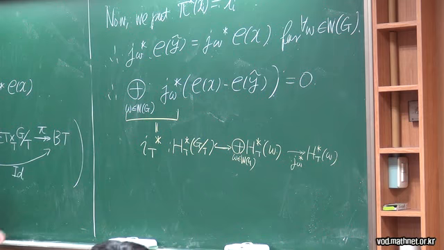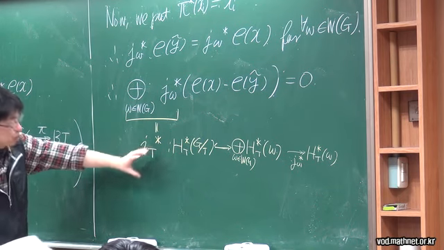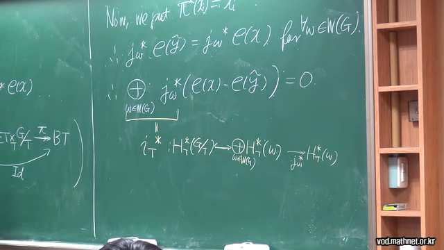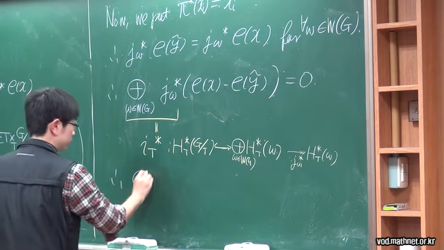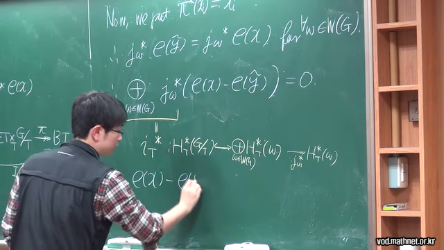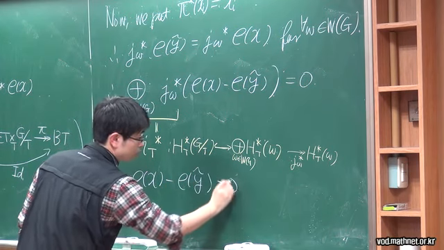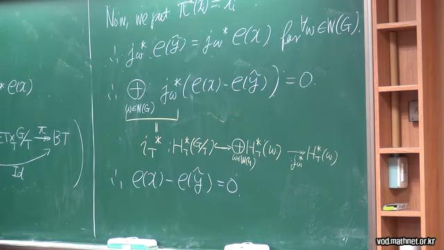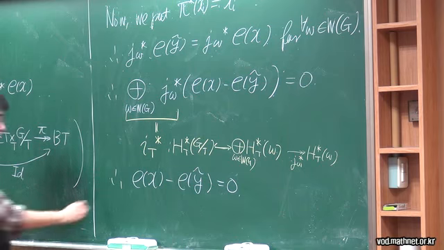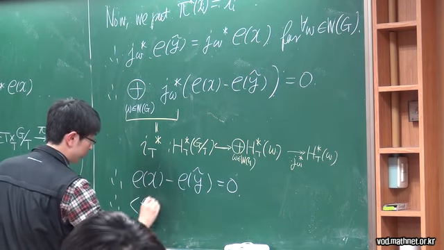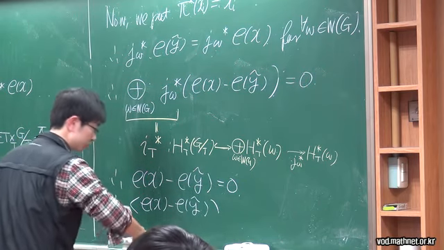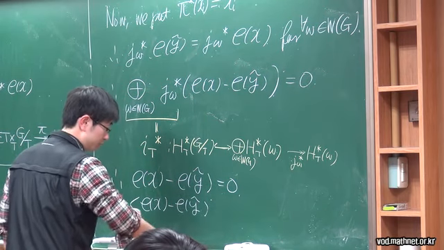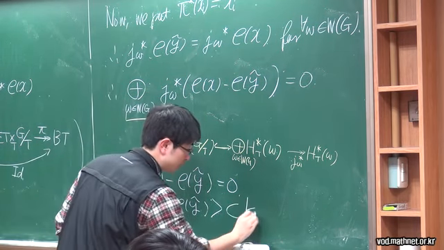And now we've already proved by the localization theorem that this it star is an injective map. So it means that this ex minus ey tilde is equal to 0. So this means that the ideal generated by this yy tilde is in the kernel of the rho.